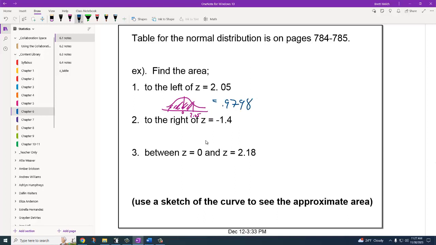And if I want to do the right of negative 1.4, there'd be 0 right in the middle. Negative 1.4 is here, and I'm looking for the right side. So rather than go find the z of negative 1.4, I'm going to go find the z of 1.4. By doing the opposite sign of my z value, I'm going to get the right-hand side.